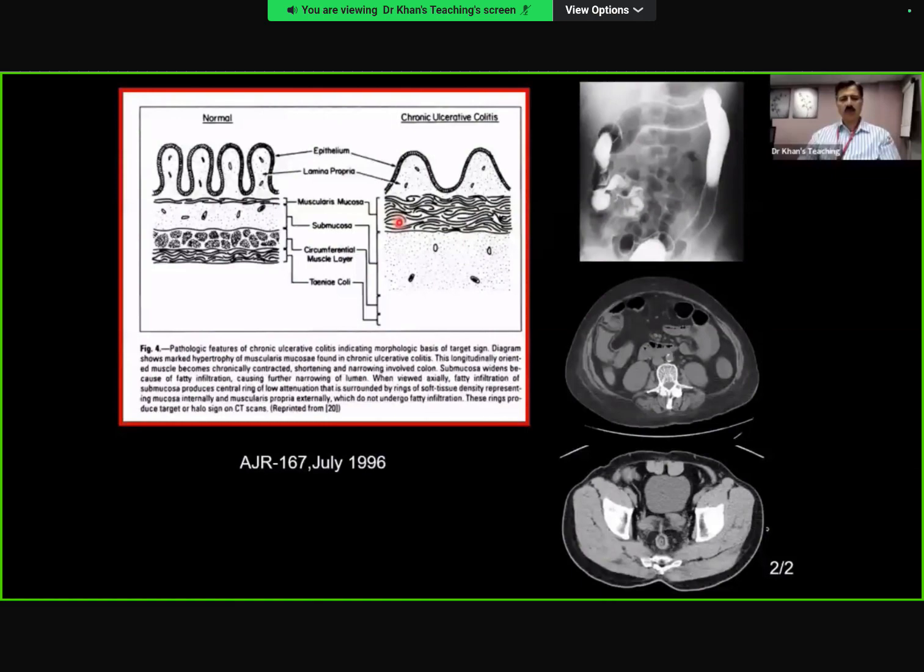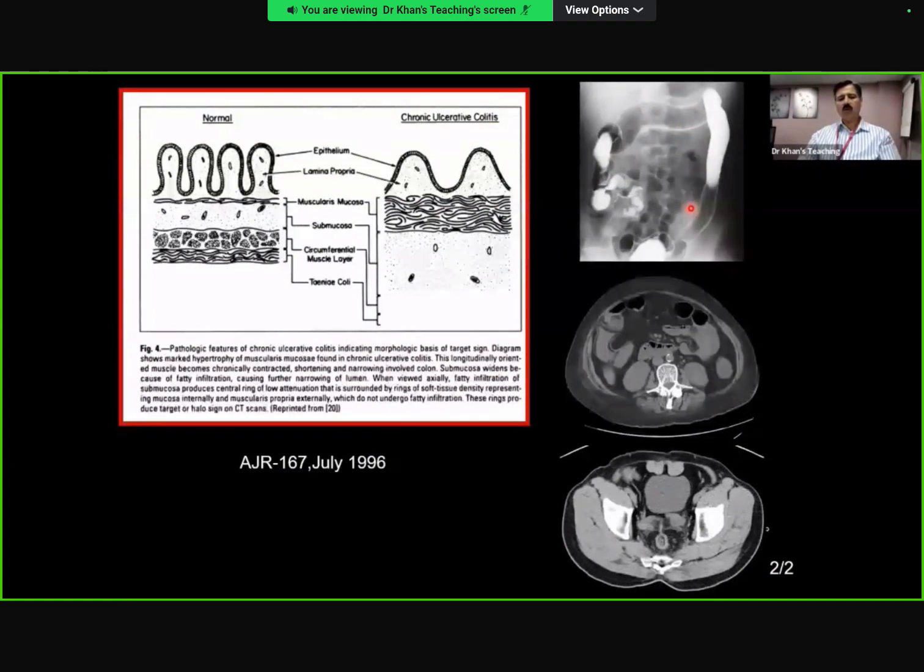With that, in the submucosa, there is deposition of fat. And so what happens is that muscularis mucosa is a longitudinally oriented muscle. So it gets contracted, and that is why it becomes ahaustral, it becomes shortened, and it gives you this kind of lead pipe appearance.